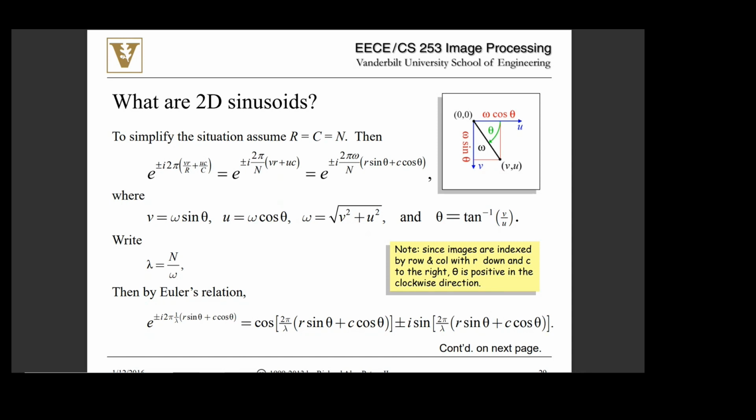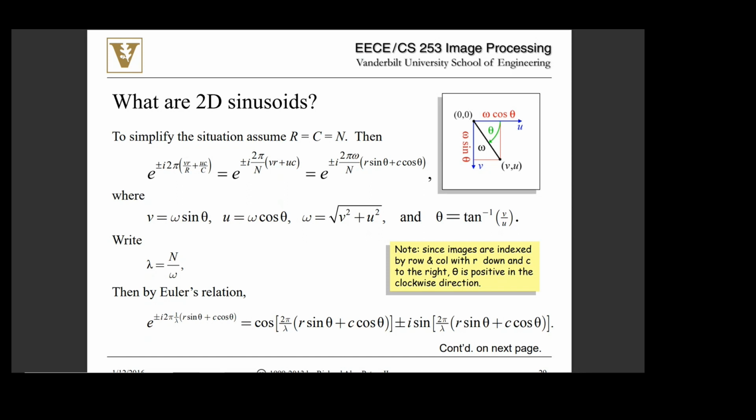I can compute a lot of things. So for instance, I can compute omega. I can always compute this thing. I can always compute beta, that is the angle whose tangent is this ratio. So this is nothing more than putting the indexes in polar form. Okay, so this is the polar form of my indexes, and then I can recover the indexes from the polar form. But now I can also define the period.